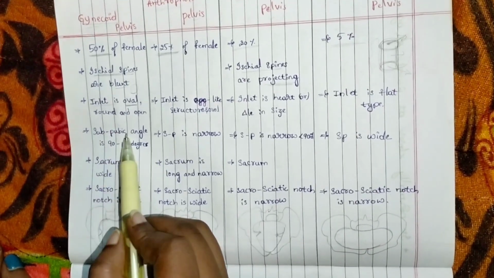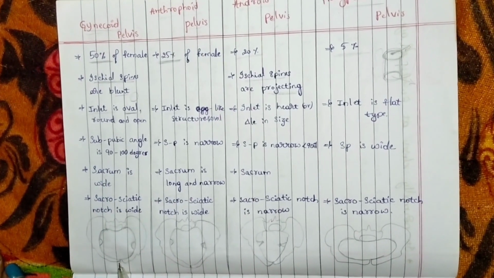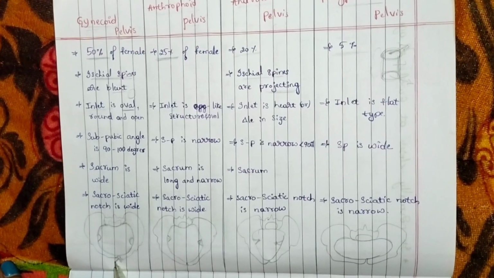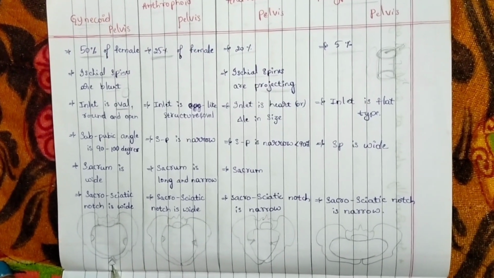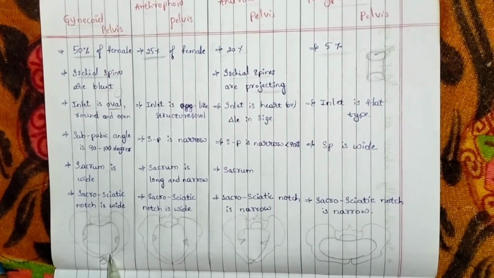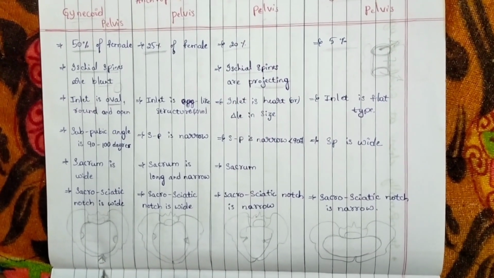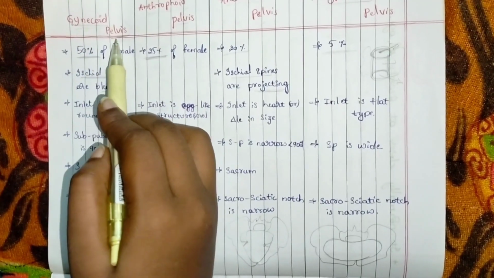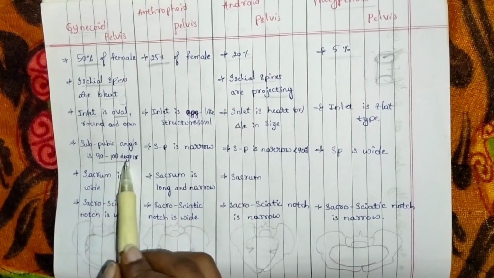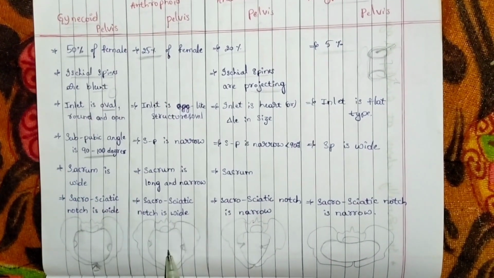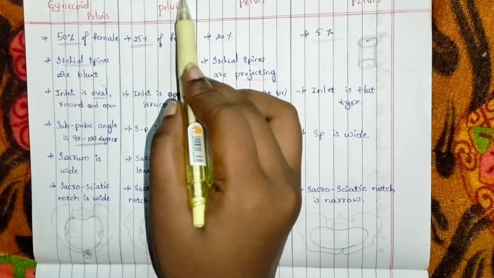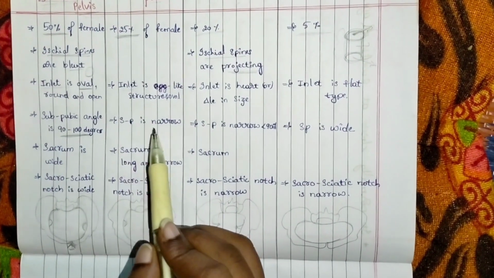Next, the subpubic angle. The angle here between the 2 pubic bones is known as the subpubic angle. In gynecoid pelvis, the subpubic angle is 90 to 100 degrees. In anthropoid pelvis, the subpubic angle is narrow.